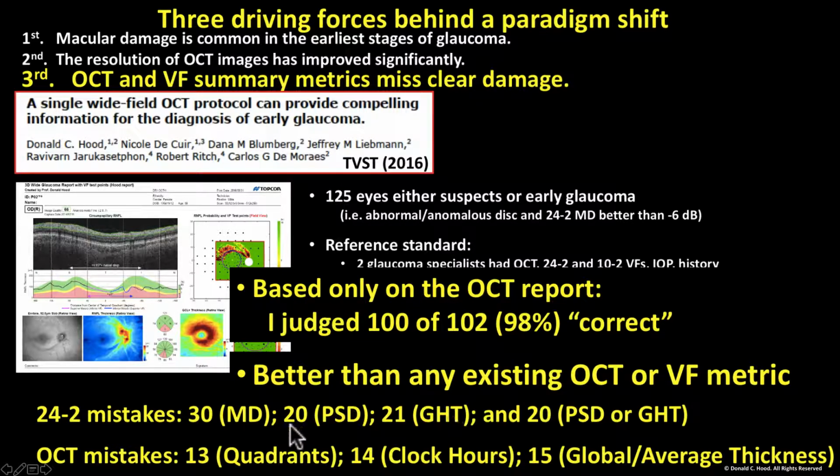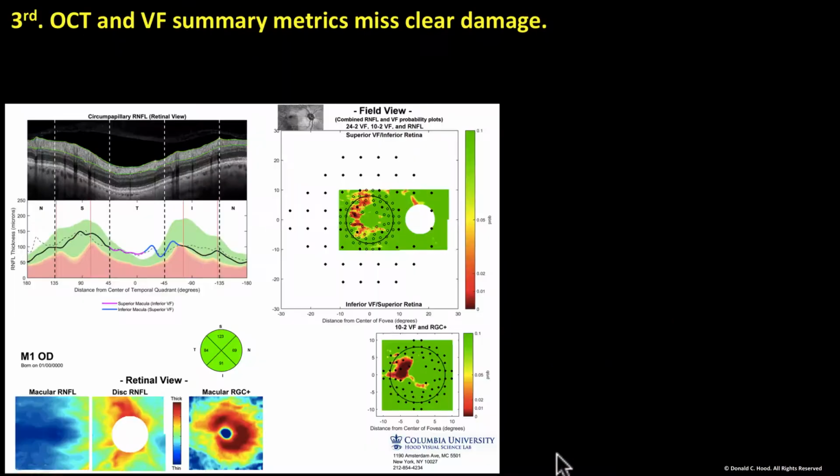OCT was better, but still, I made 2 mistakes. And again, it's not about me. The information was available here that was much better than the metrics. While I made 2 mistakes, using the quadrants here, which did the best, had 13 mistakes, clock hours 14, and global average 15. So OCT and visual field summary metrics miss clear damage.